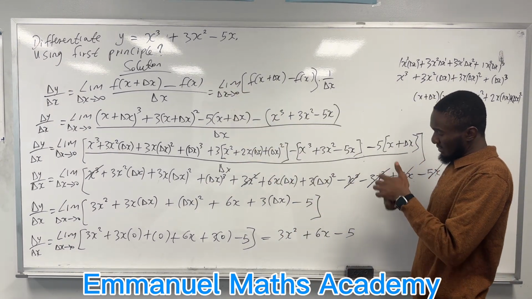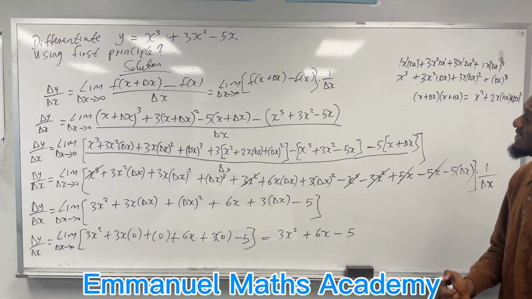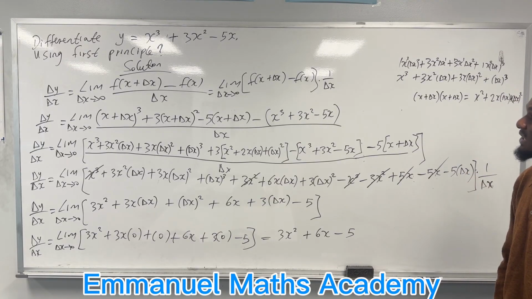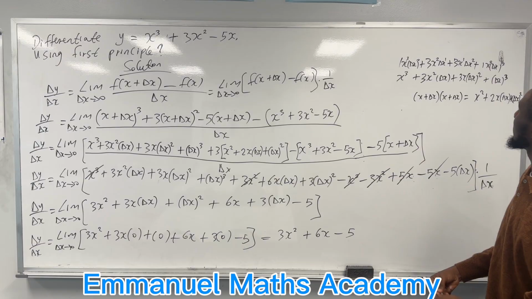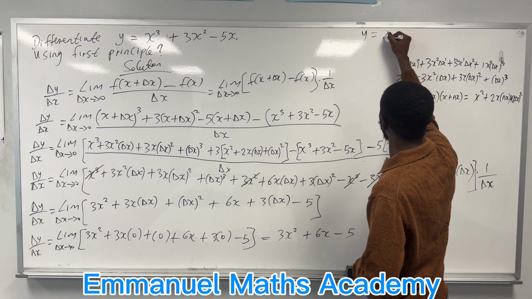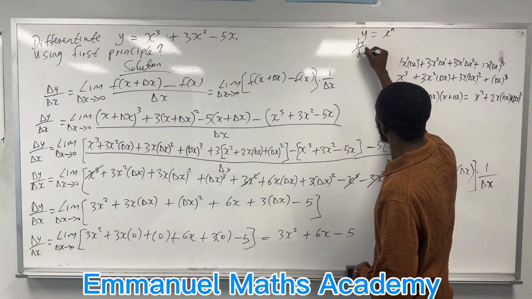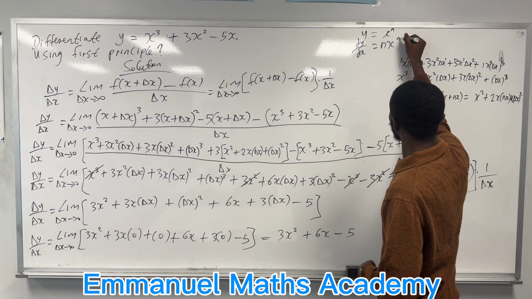So using first principle, the change in y over the change in x is 3x squared plus 6x minus 5. You can see that even if you use the basic power rule, given that y is equal to x power n, our dy dx is equal to n times the base, and you subtract 1 from the power.